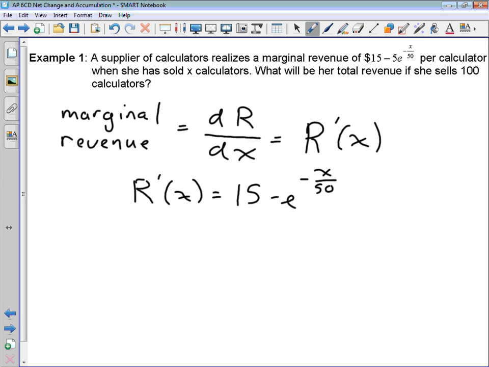So if we want to find the total revenue, we need to integrate the rate of change of revenue, or integrate the marginal revenue.